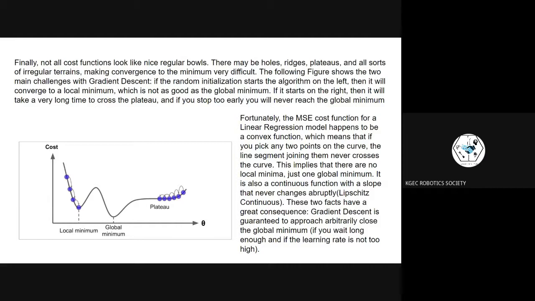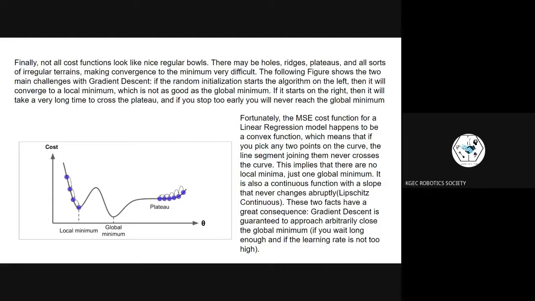minimum. Fortunately, the MSE cost function for a linear regression model happens to be a convex function, which means that if you pick any two points on the curve, the line segment joining them never crosses the curve. This implies that there are no local minima, just one global minimum. It is also a continuous function with a slope that never changes abruptly.